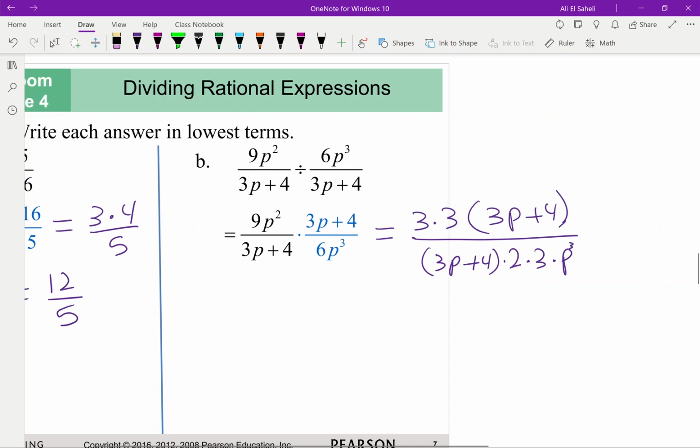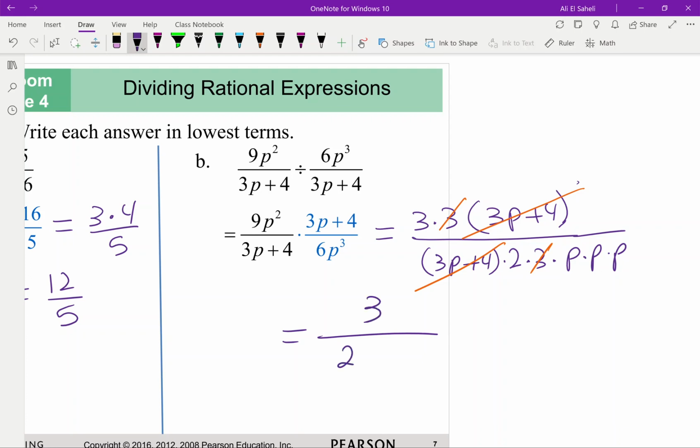There is no use of factoring this because there is no p in here. So 3 goes with 3, 3p plus 4 goes with 3p plus 4, and we're left with 3 in the numerator, in the denominator 2 times p cubed.